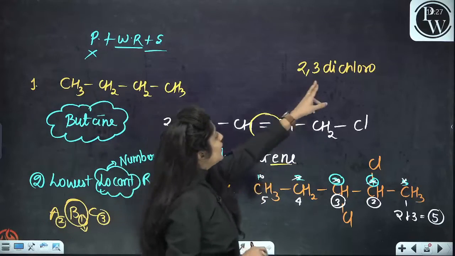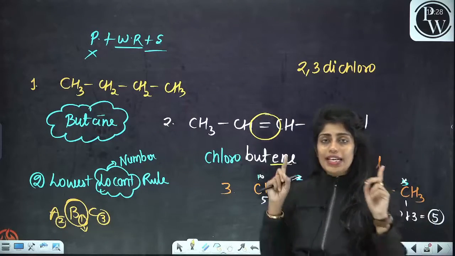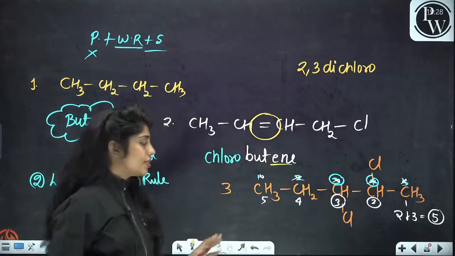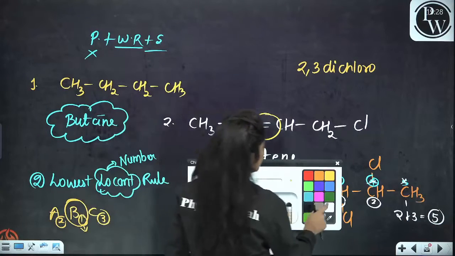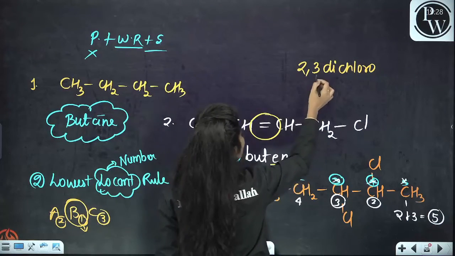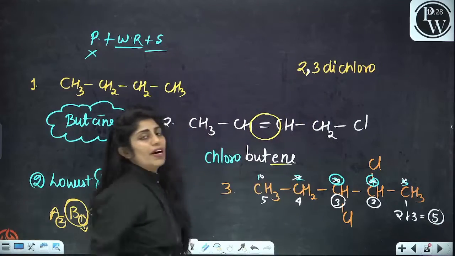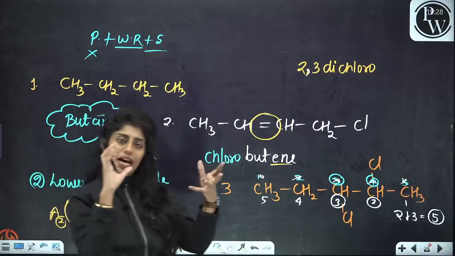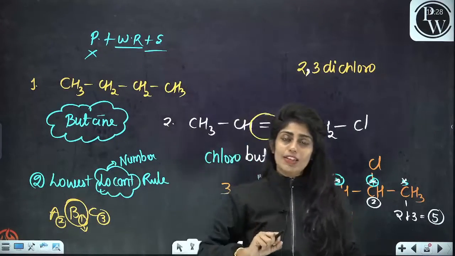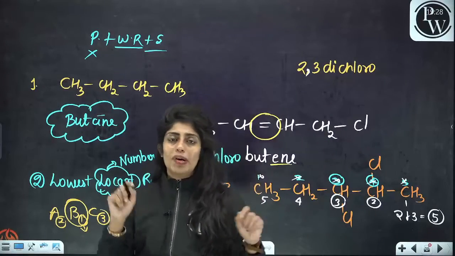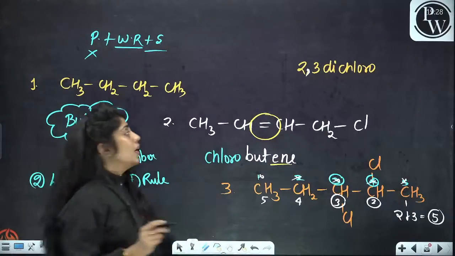So dichloro. Now, an interesting point, you need to understand each and every point: 2 and 3, I use a comma. Maths, numerical value, friends, separated by comma.